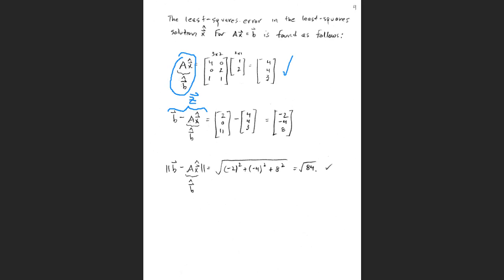That's the vector from the vector outside of the subspace to the subspace. It's not the orthogonal projection, but it's the distance between the vector b and the orthogonal projection. That distance is going to equal -2, -4, 3.